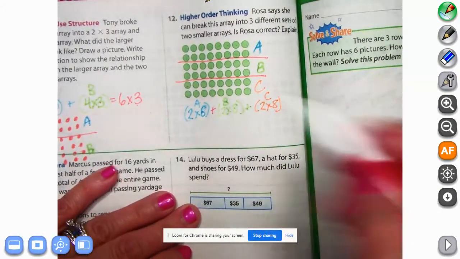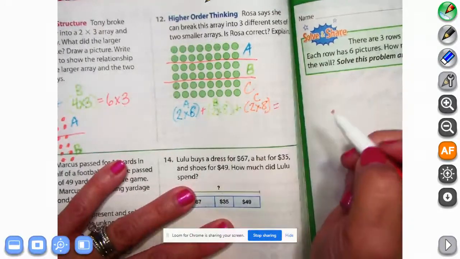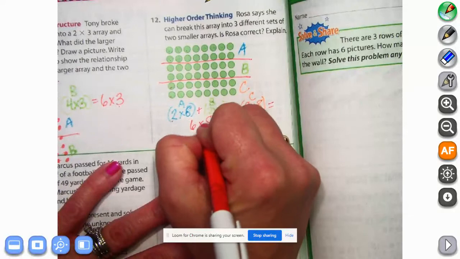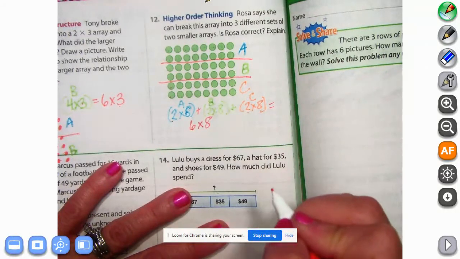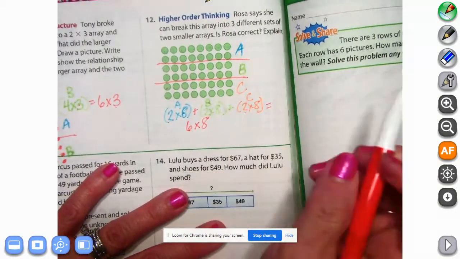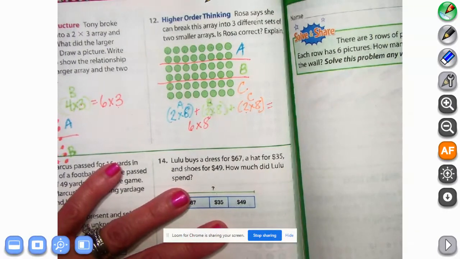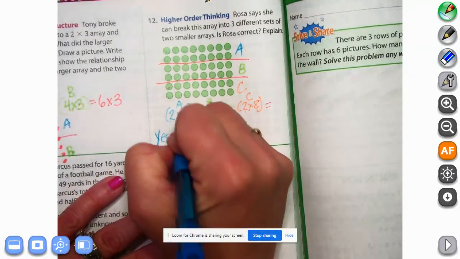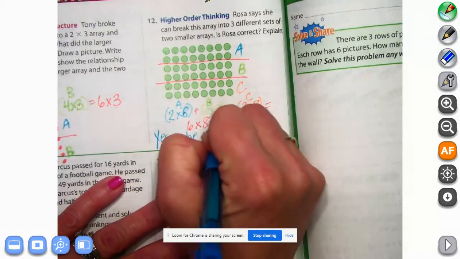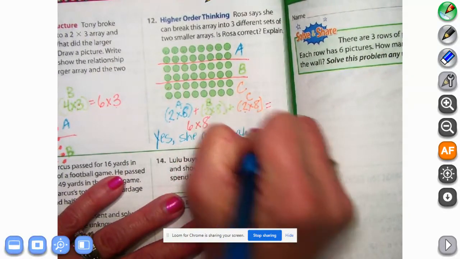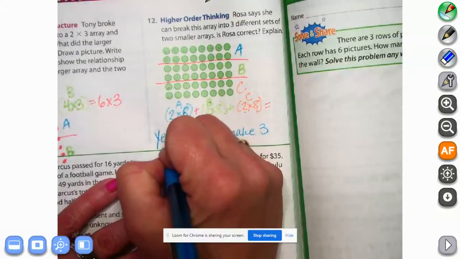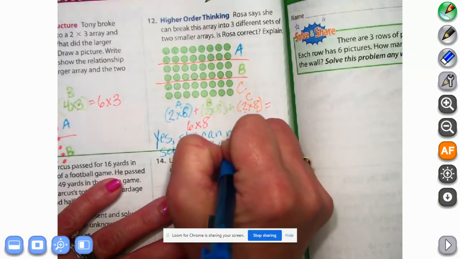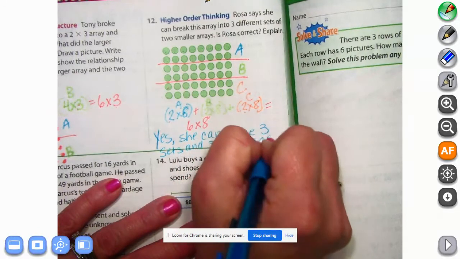And what is the larger one? 2 plus 2 plus 2 is 6 times 8. Can she do that? Yes. She can make 3 sets and 3 equations. Okay?